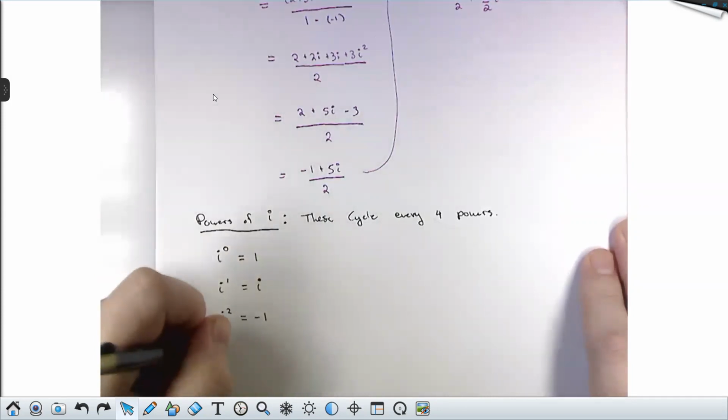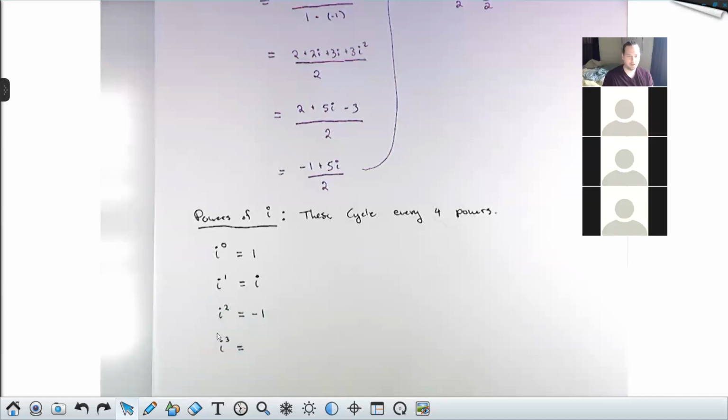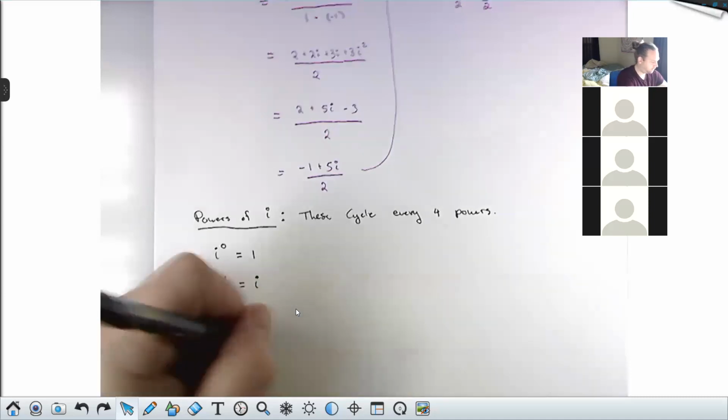So what is i cubed? And I'm genuinely asking, I'd like you to take a second and think about it. If i squared is -1, what is i cubed? Negative i? Very good, right? Because it's i squared times i, which is -1 times i.